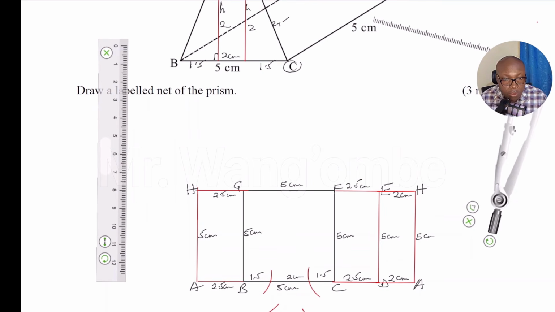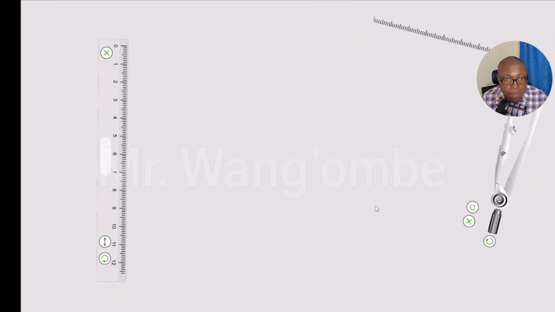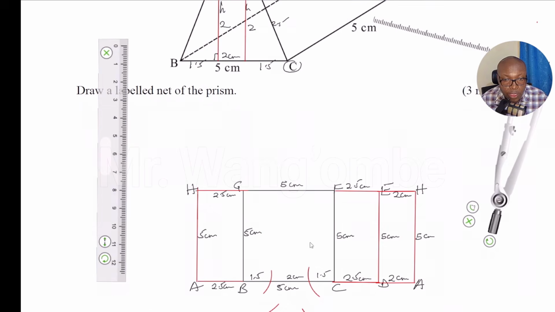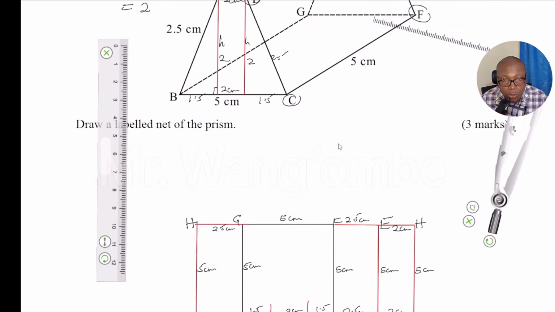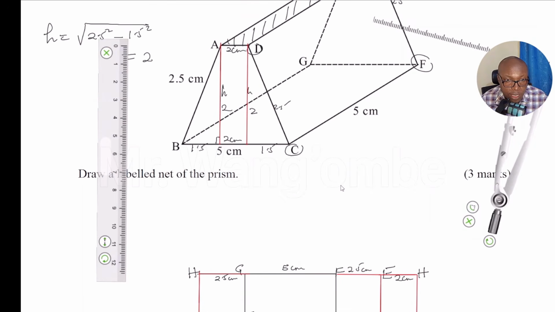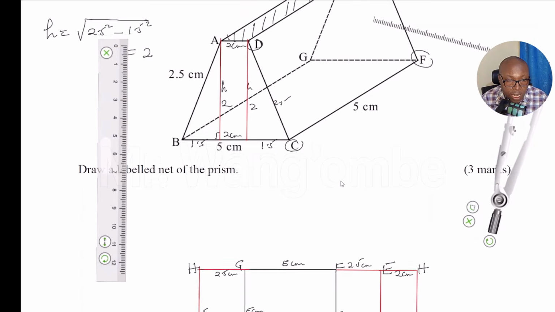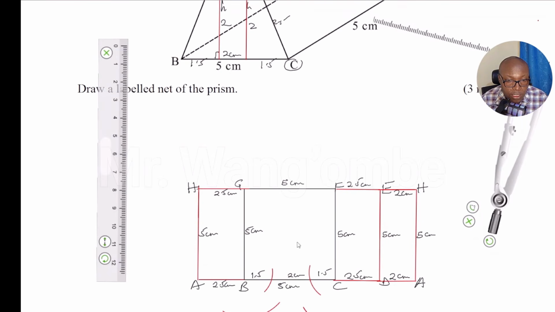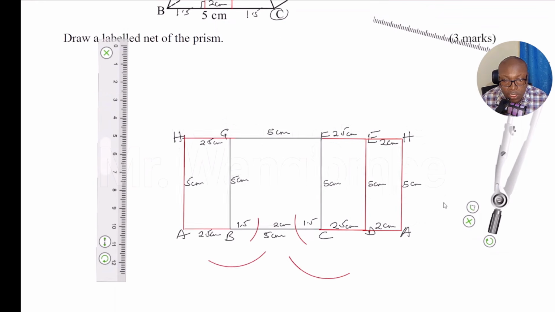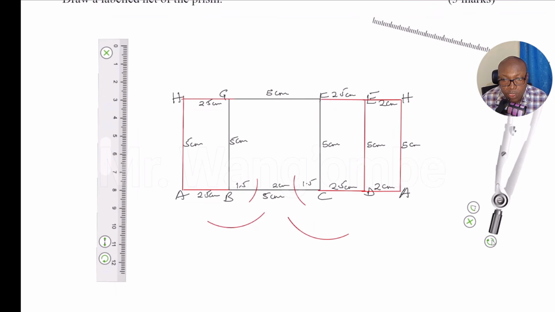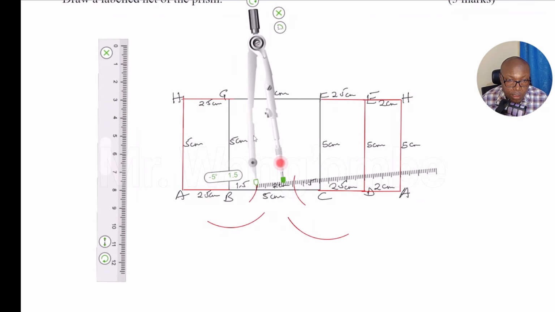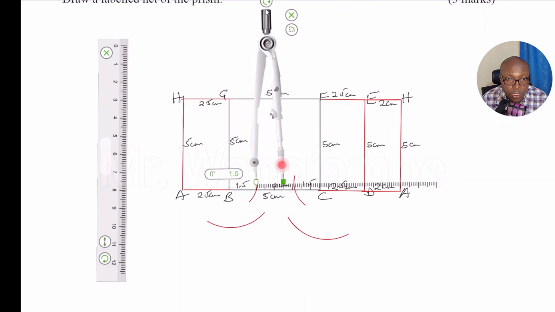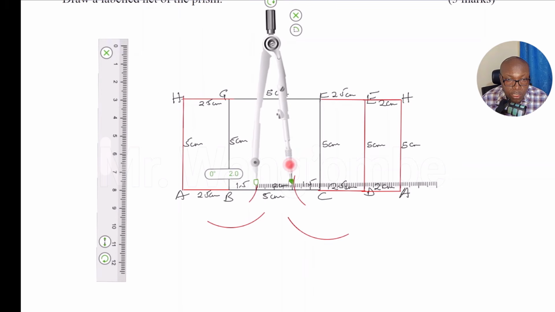Now the reason why we're getting the height is to help us get the position of A, where A will be located. That is exactly why we were getting the height. So now, standing at one of these arcs where we have 1.5, we need the height of 2 centimeters, the height of the trapezium.